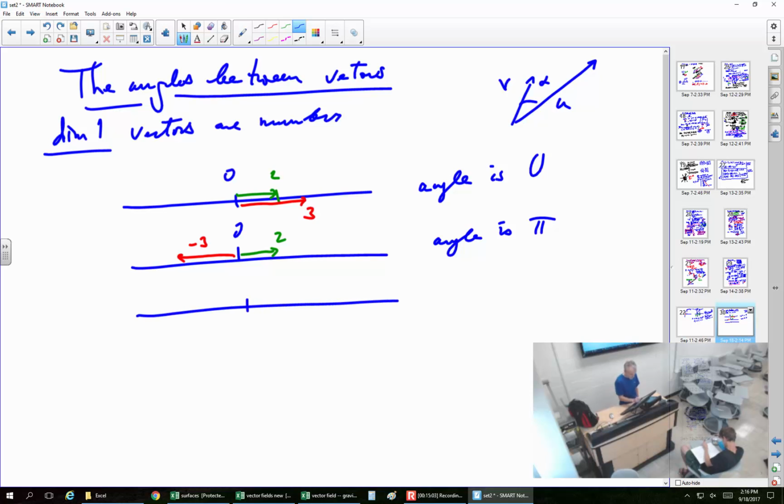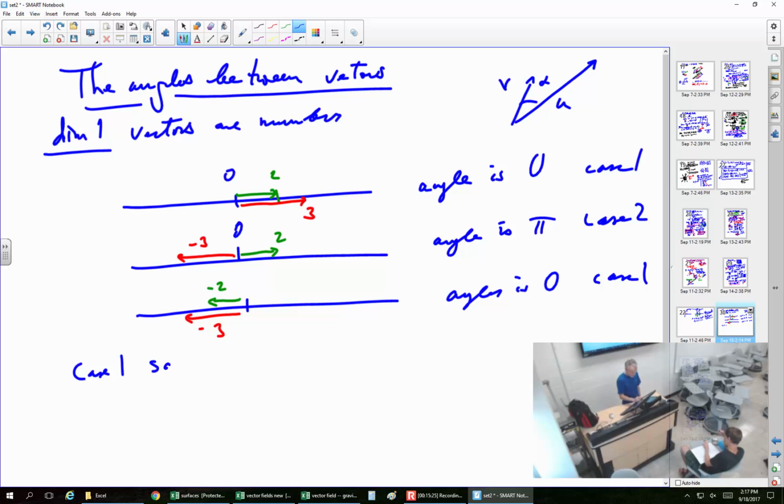If I go in the opposite direction, -2 and -3, the angle is still 0. So it's easy to guess how we distinguish case 1 from case 2 algebraically. So case 1, same direction.